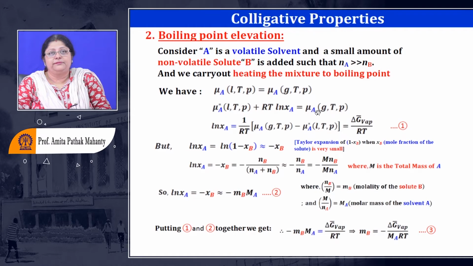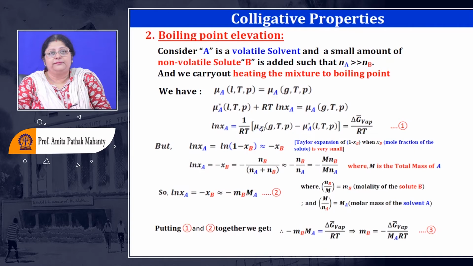So this we have written as non-star, but this will be equal to star. So we can take ln x outside and see what you get. It is the difference between the chemical potential in the gaseous state, in the star form, minus the chemical potential of A in the liquid state. This is the pure state, that means the solvent.